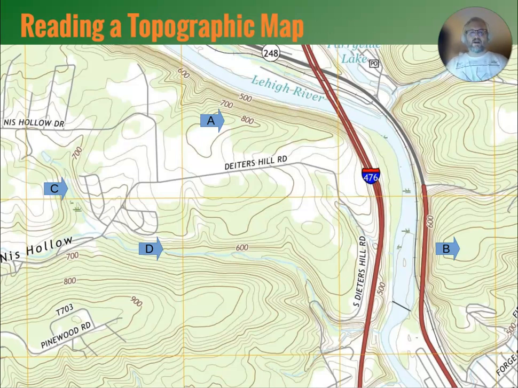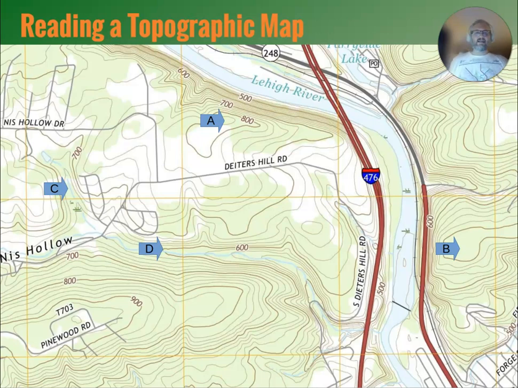One more thing to take note of that is good to be able to see on a contour map. You can see it really clearly if you look at point D there. As you look along that stream, the stream is at the lowest spot of its immediate surroundings, but the stream is still flowing downhill. That stream is going to be flowing down off of these hills into the Lehigh River.